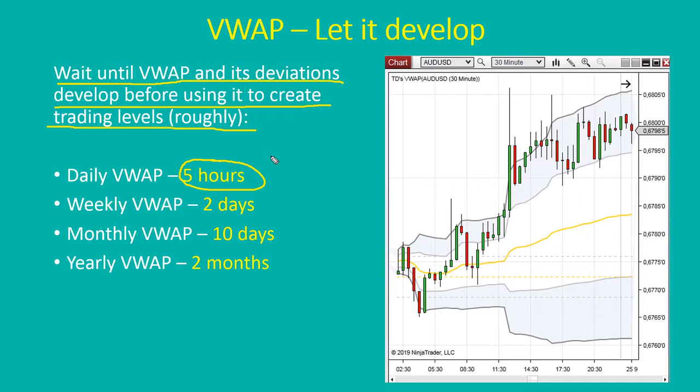You need to wait around 5 hours before the VWAP gets developed and you can start trading it. With a weekly VWAP, you need to wait 2 days before you start using those VWAP lines. With monthly VWAP, it's 10 days, and with yearly VWAP, it's 2 months. I made some pictures for you so it's easier to understand.